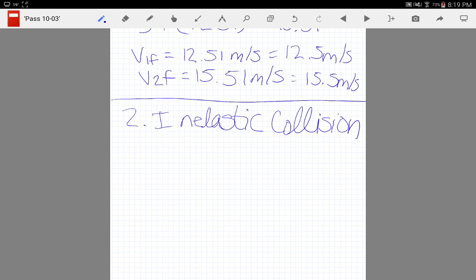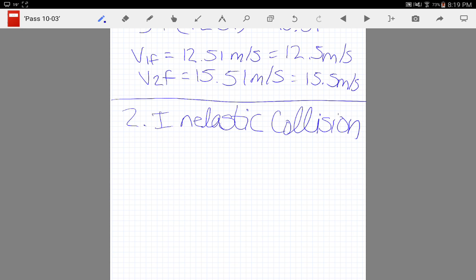Their final momentum is going to be their combined mass times velocity, because they're moving at the same velocity.